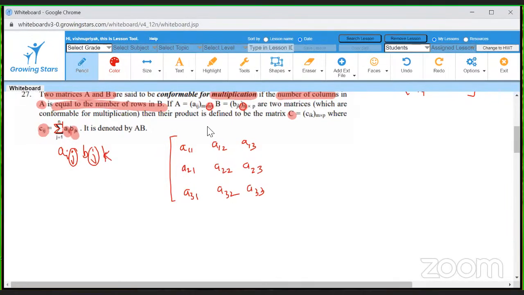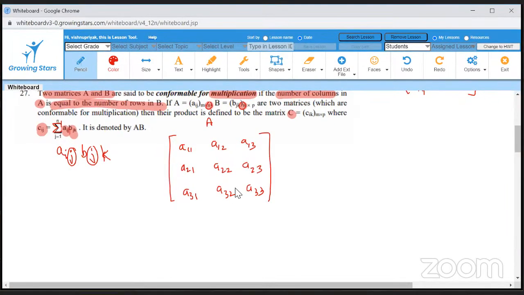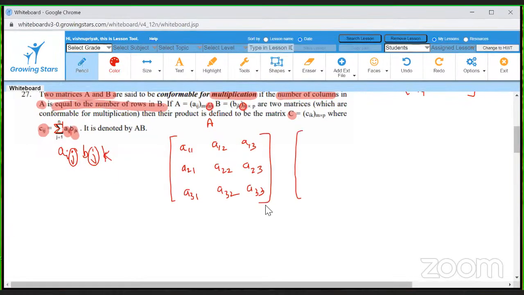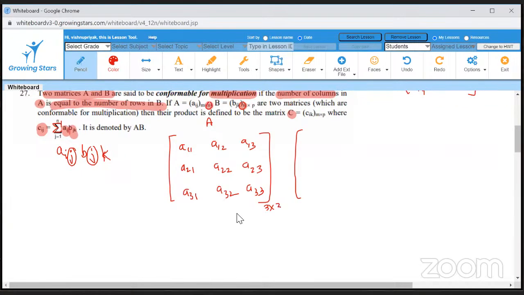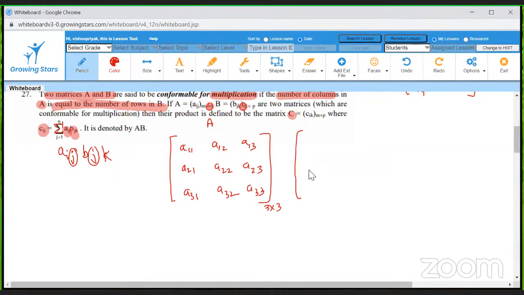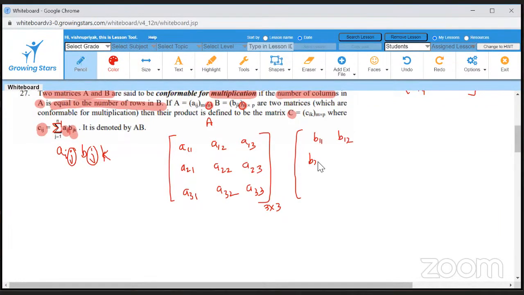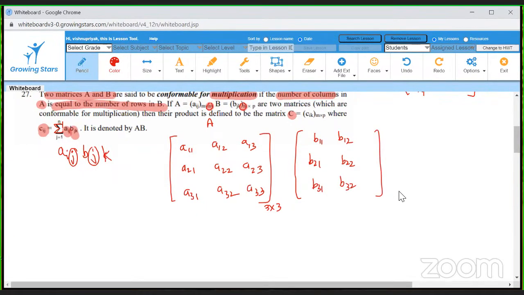This is matrix A, a 3 by 3 matrix. And then you have matrix B: B11, B12, B21, B22, B31, B32. This is a 3 by 2 matrix.